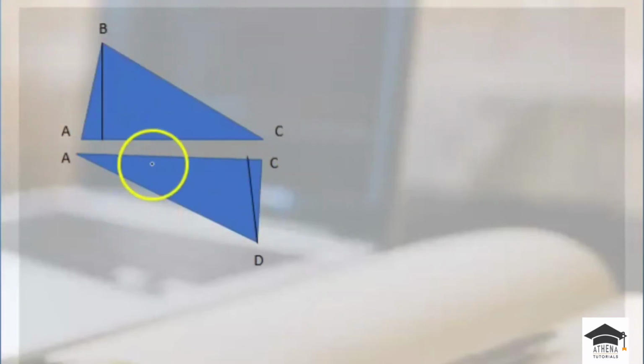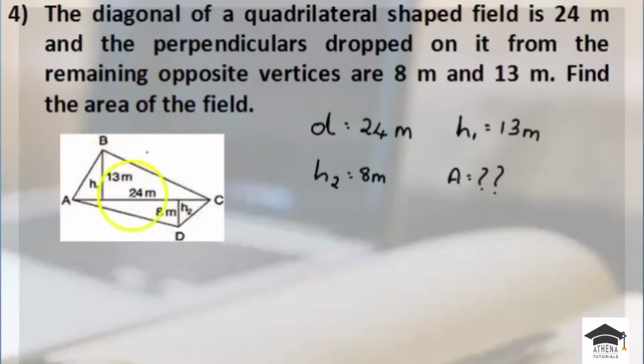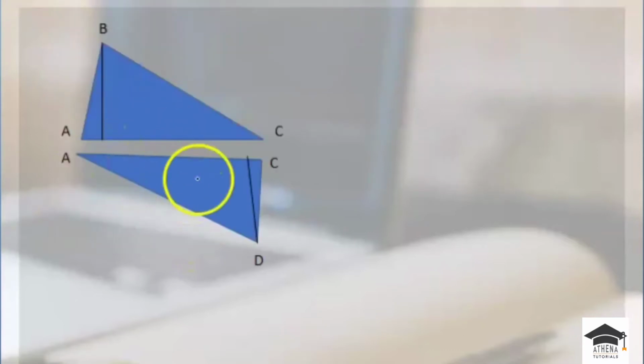Consider this figure. What I have done here is I have split this figure into two parts. This is one triangle and this is another triangle. So if we find the areas of these individual triangles and add them, we will get the area of the quadrilateral, right?